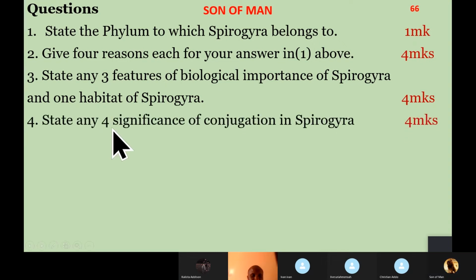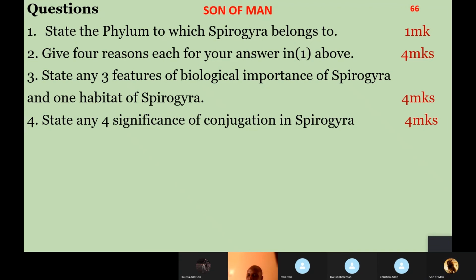Now, then give us any 4 significance of Spirogyra conjugation. Alyssa, just try it. Let's see if your mic will work. If it doesn't, then we'll give the question to someone else. Zygote is protected. Means of surviving adverse weather conditions or drought. I like that.